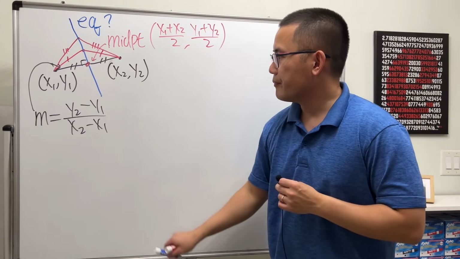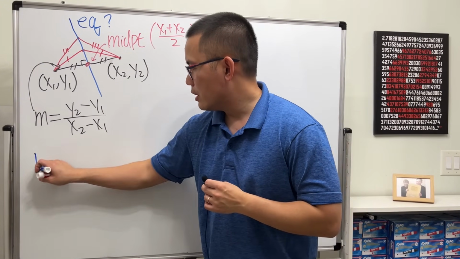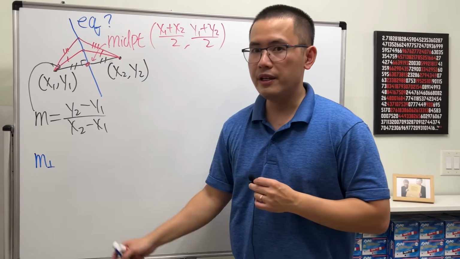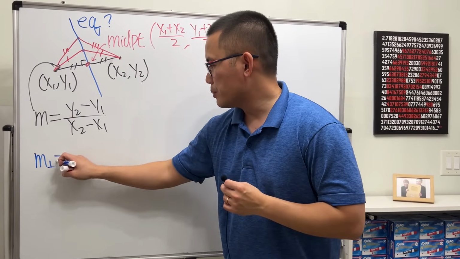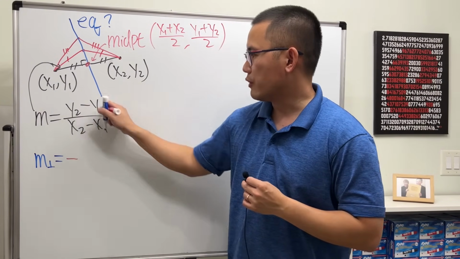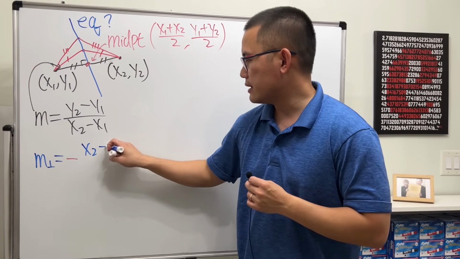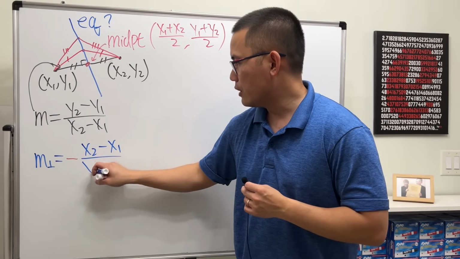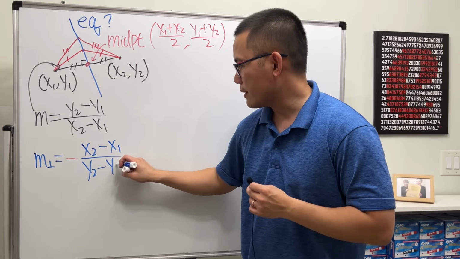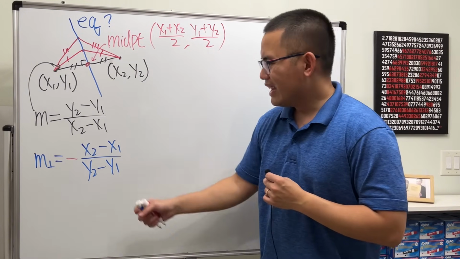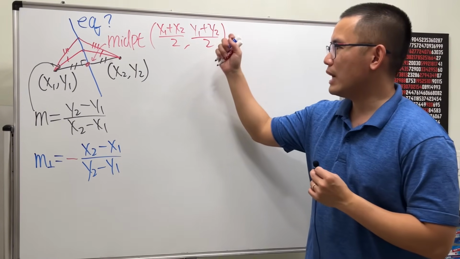Alright, then the line in blue, which is going to be perpendicular to this line, is just going to be the negative reciprocal of this, which is x2 minus x1 on top over y2 minus y1 on the bottom. And now we have the slope and we also have the point.